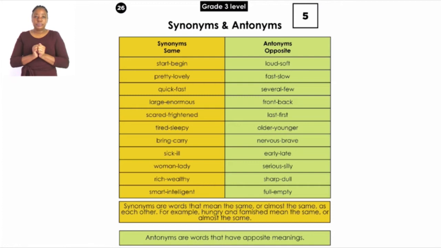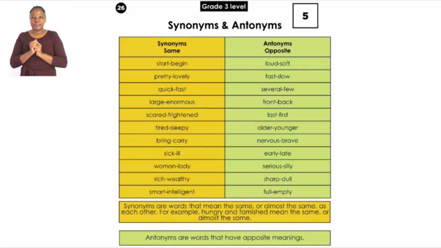Let's now go to antonyms. Let's say the word antonyms together. Very good. Now antonyms are words that have the opposite meaning of another word. These words we already know, but we didn't know that they were antonyms. For example, loud can mean soft. Fast can mean slow.